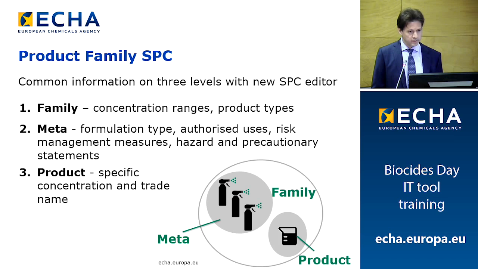And then there is the final level, which is the product level, which is just asking you to input information about specific concentration of the product and trade names. Why? Because all the rest of the information, being common, has already been inputted.